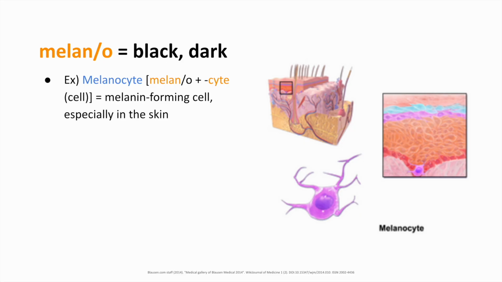I think this diagram shows where it is. If that's a whole skin layer, if you zoom in, it's hidden under here in the dermal layer. Is it epidermal? Epidermal layer. Okay, thank you for correcting. Yeah, epidermal layer.